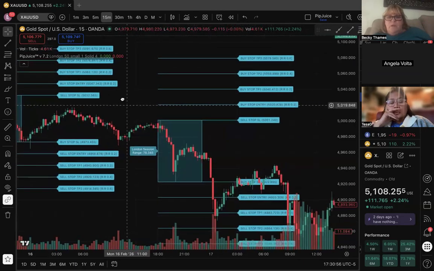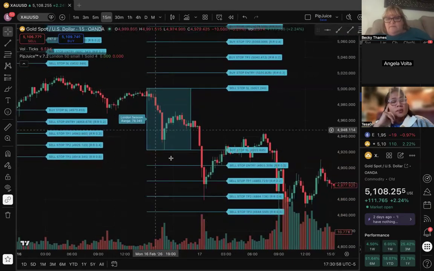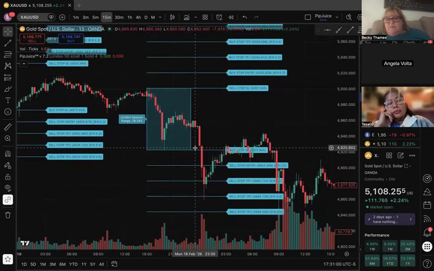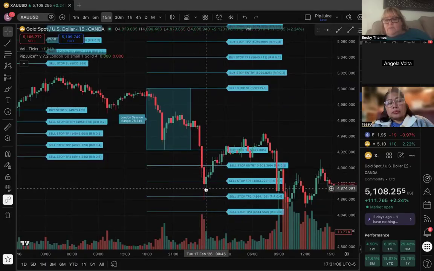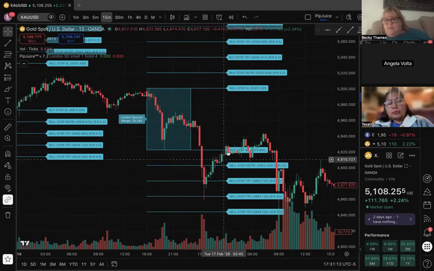Okay. So now we're looking at this London session. You can see it crossed back over down. It hit your stop entry, so you're in a sell now. It hit TP1, it hit TP2, then it went back up to just where you entered.